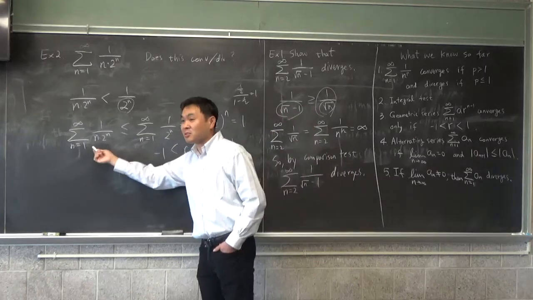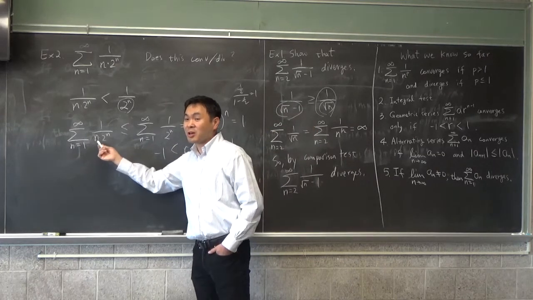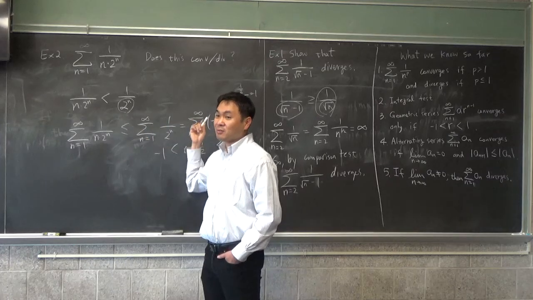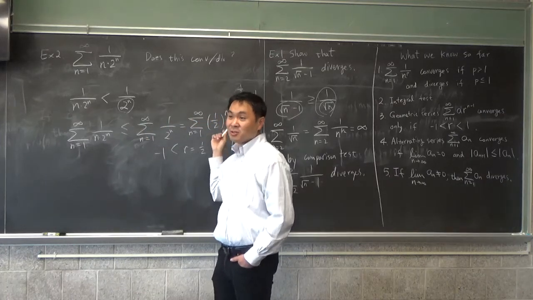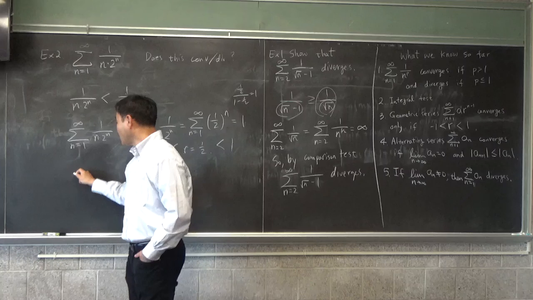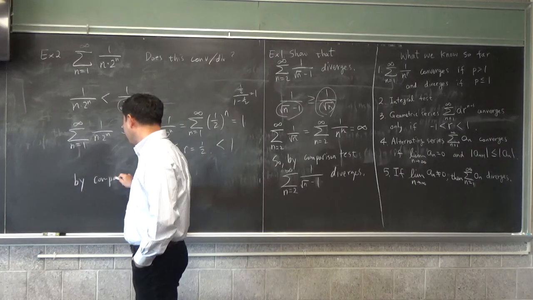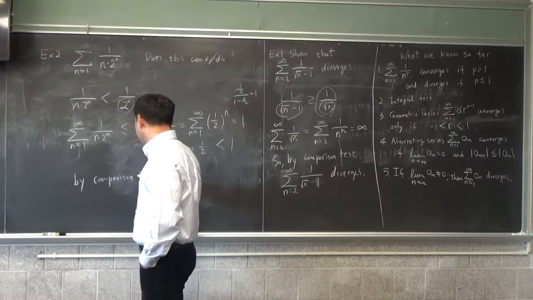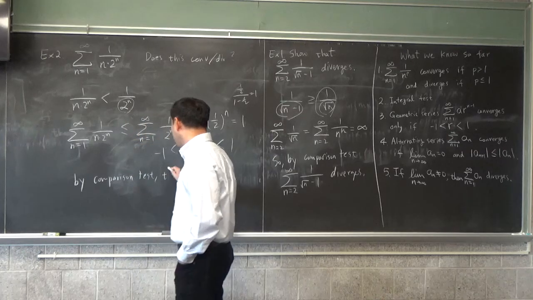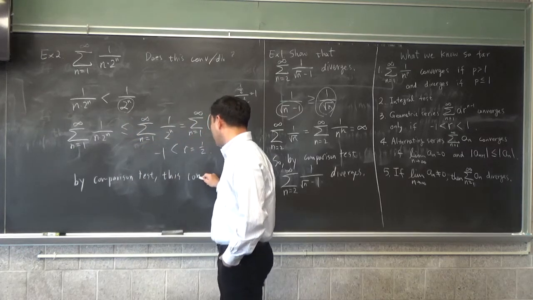If you're adding positive things, there's no way for it to diverge if it's less than some finite value. So we can say now that by comparison test, this converges.